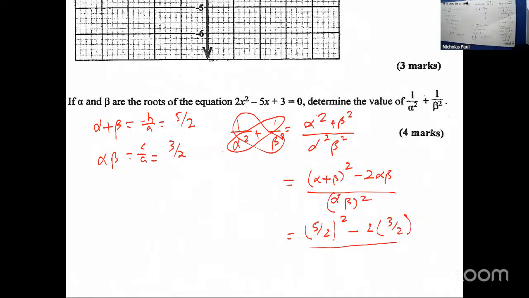Alpha beta squared is... what do you get when you work it out? Yeah, the final answer, 13 over 9.